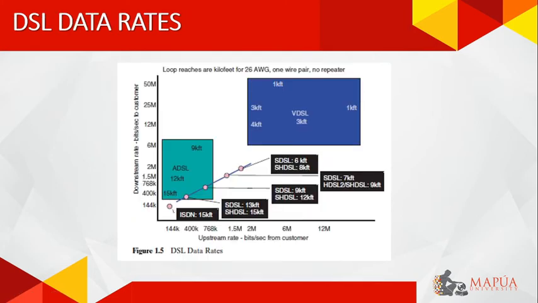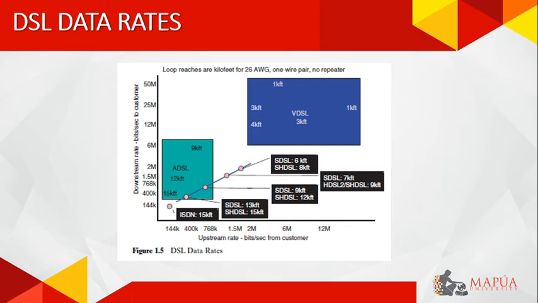Shown in the figure are the upstream and downstream rates supported by the various DSL technologies, with the symmetric technologies, ISDN, SHDSL, HDSL, residing along a line of symmetry, and the rate-adaptive technologies, ADSL and VDSL, covering a broad range of bit rates, with the corresponding maximum line lengths indicated on the screen.